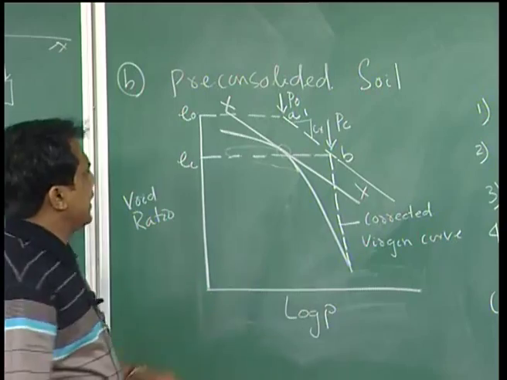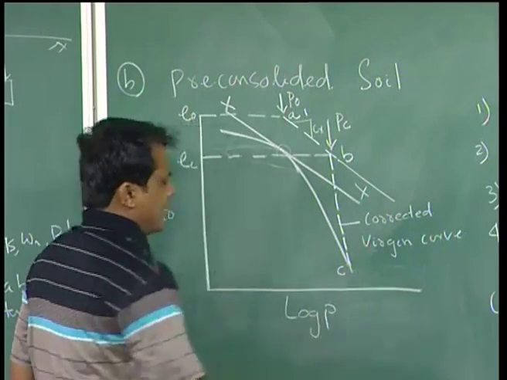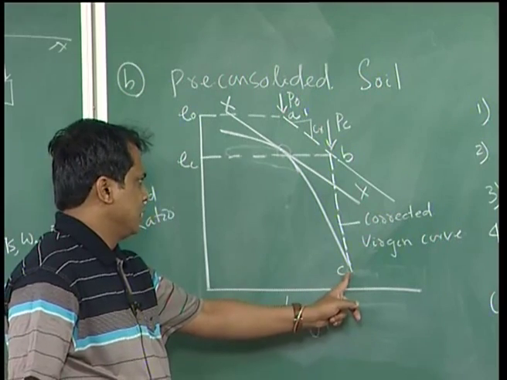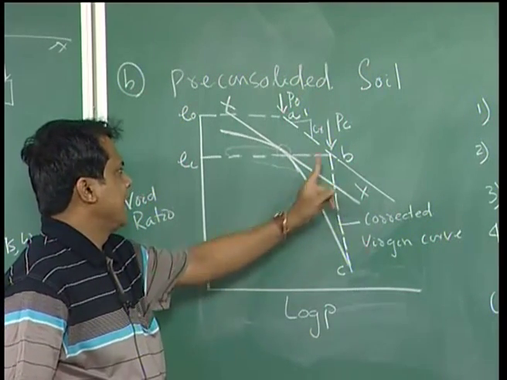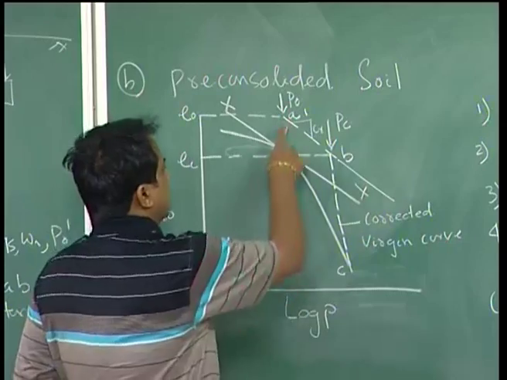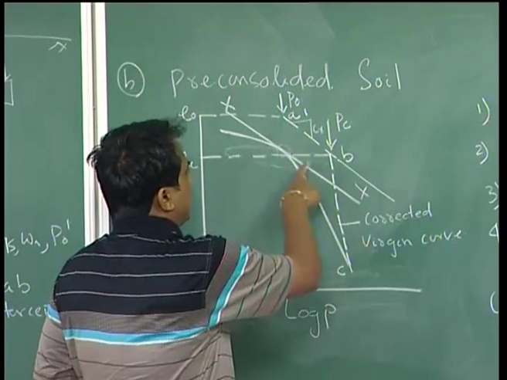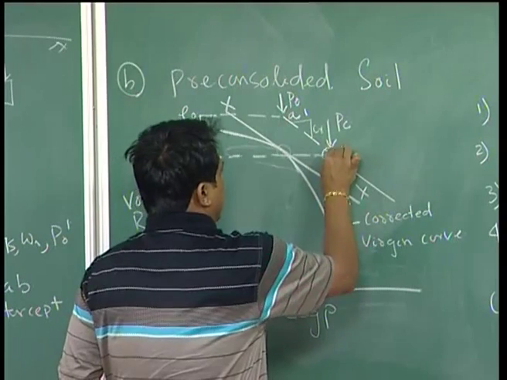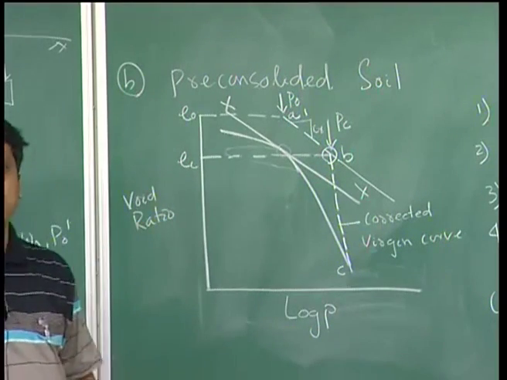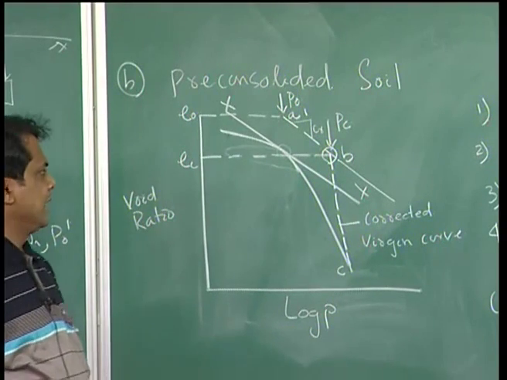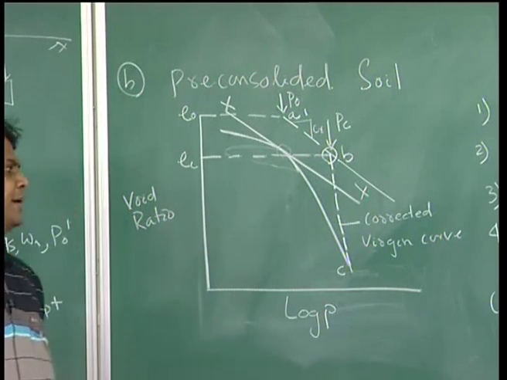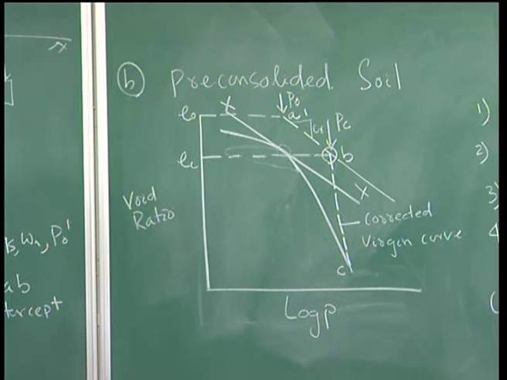Now, at point C, draw a tangent and extend it, where it will intercept the line from A parallel to xx at point B. That means CB represents the corrected virgin curve of field condition.